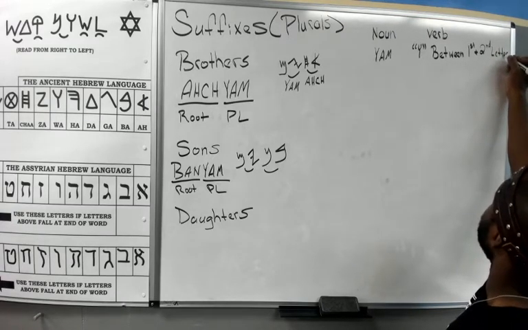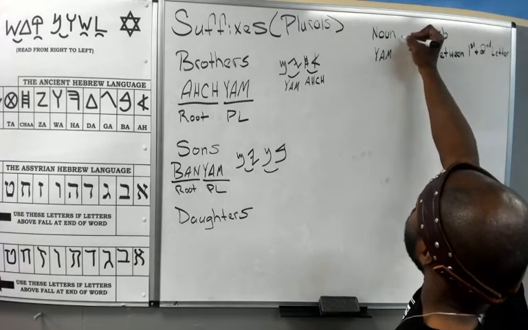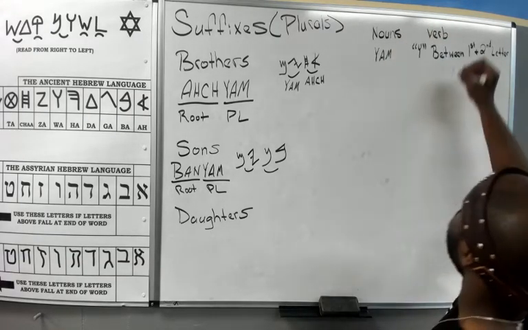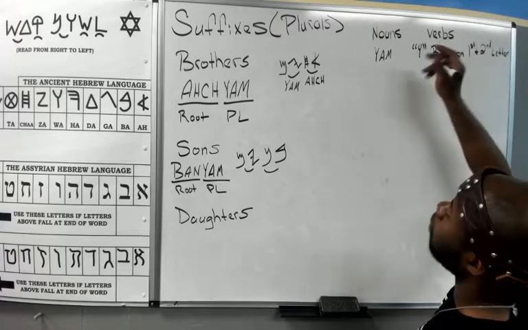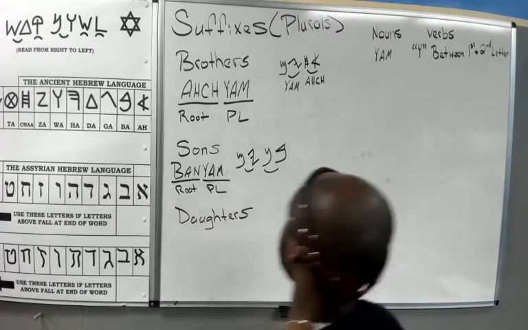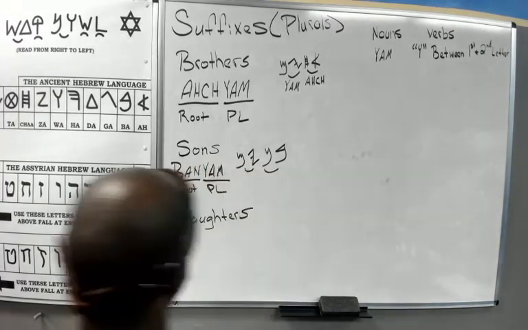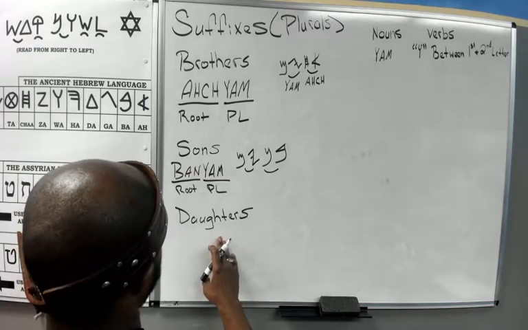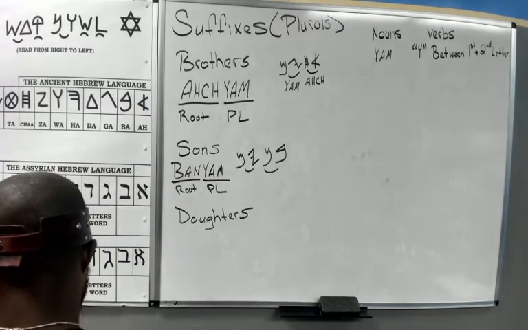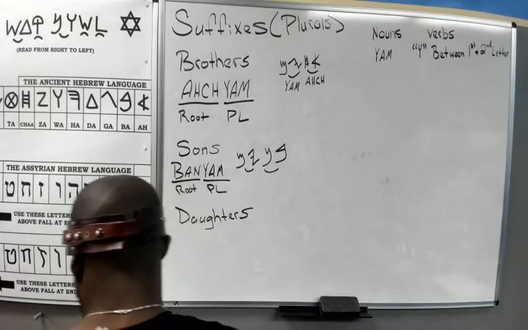So I put up here for nouns, you're going to put yum, and for verbs, you're going to put a wa between the first and second letter. I'm going to show y'all some examples of that in a minute. Just bear with me. All right. But now we're on the noun daughters. Of course, daughter just means baf.